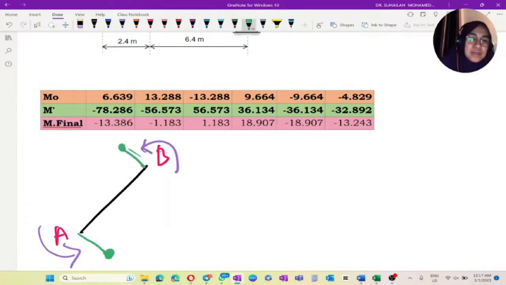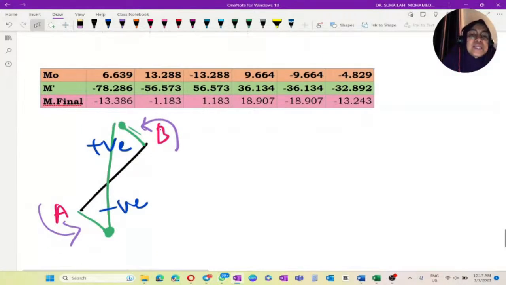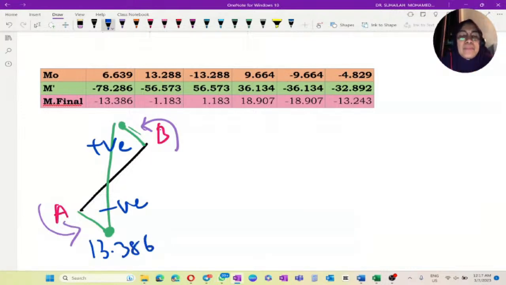So this is the bending moment diagram for member AB. This one is negative and this is positive. The value at A is 13.386, and for BA it is 1.183.